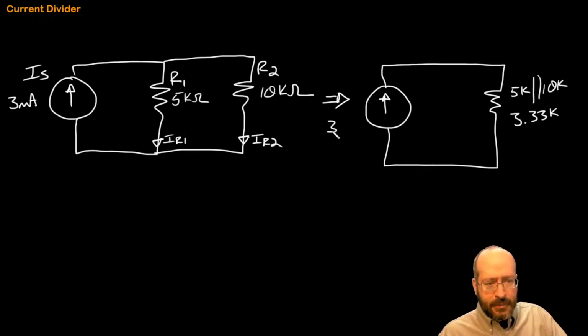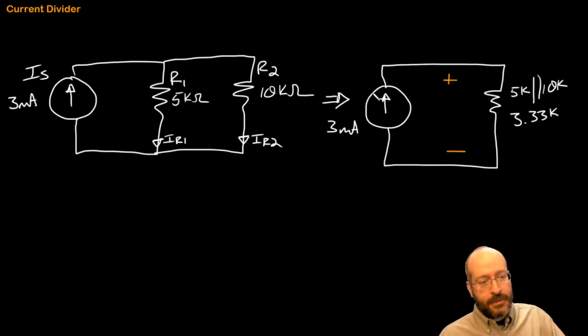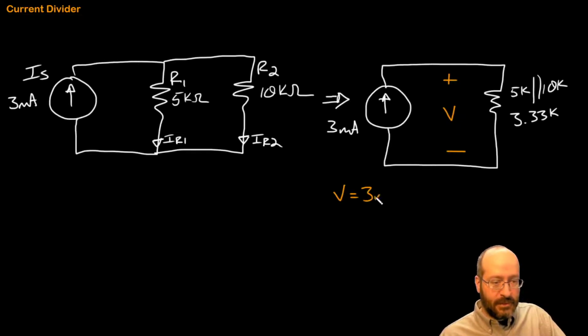This is still 3 milliamps. What we're after from this simplified circuit is the voltage here. So if I know the 3 milliamps is flowing here, it's going to flow down, and I'm going to find the voltage here by saying that voltage is 3 milliamps times 3.33 kilo ohms.